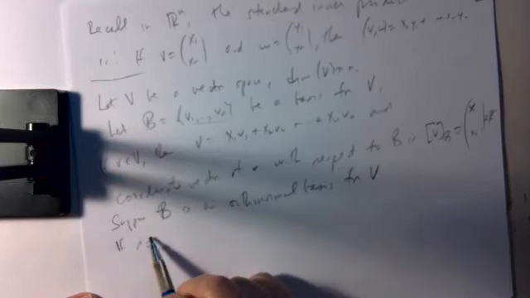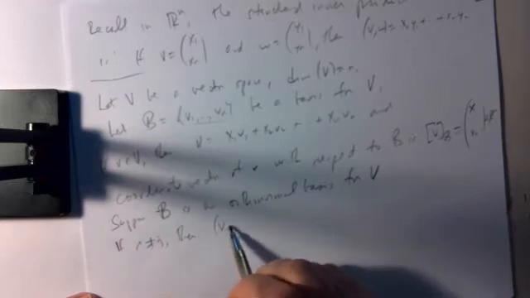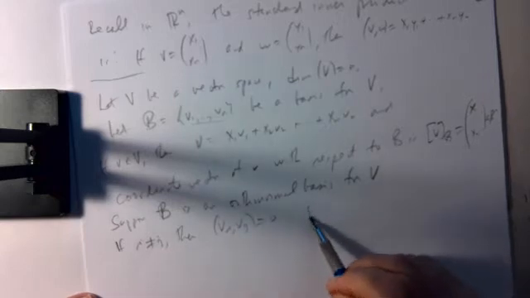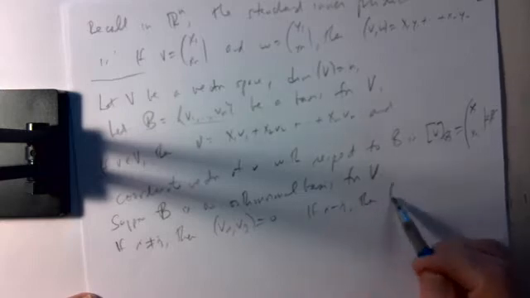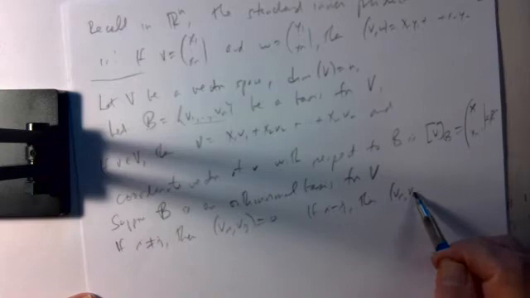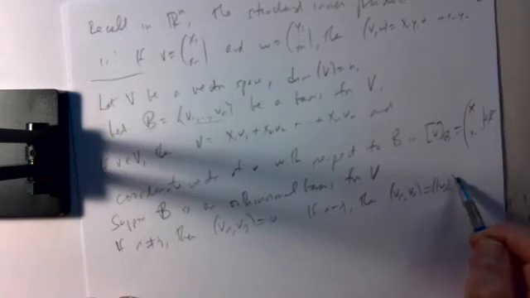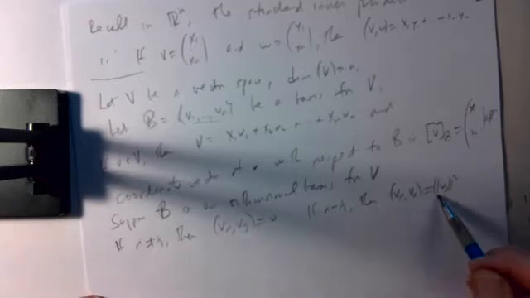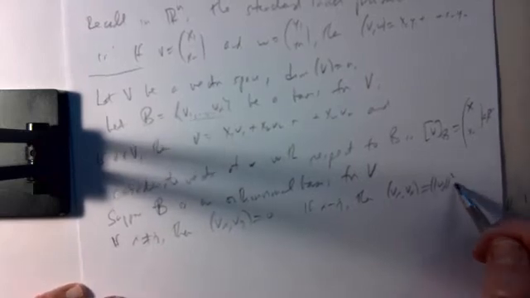So if i is different from j, then the inner product of vi and vj is 0. And if i equals j, then the inner product of vi and vj is the inner product of vi with itself. That's the length of vi squared. But if this is an orthonormal basis, that means every vector in the basis is a unit vector. So the length is 1.